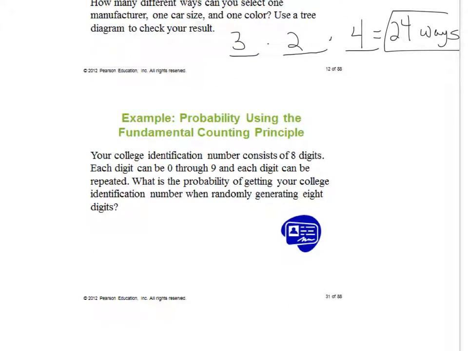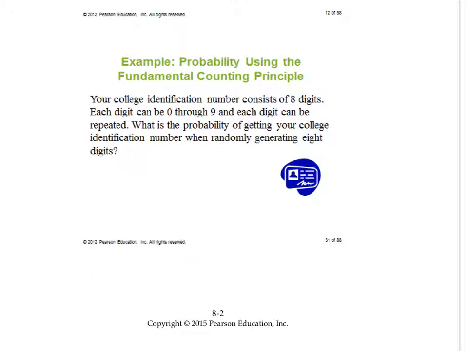Now, to find probability when we're using the counting principle, we're going to do the same thing: make those blanks and multiply together what we put into the blanks. But we're actually going to answer the question, what would be the probability of getting your college ID number if you're randomly generating 8 digits?